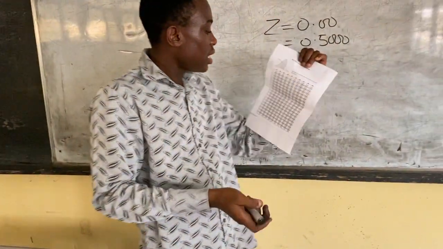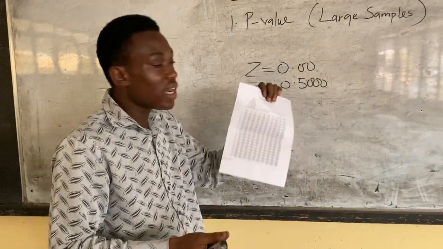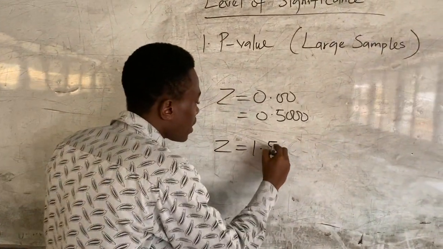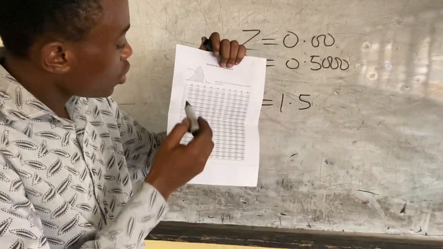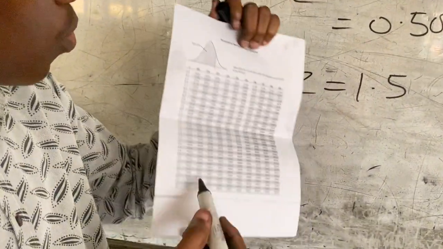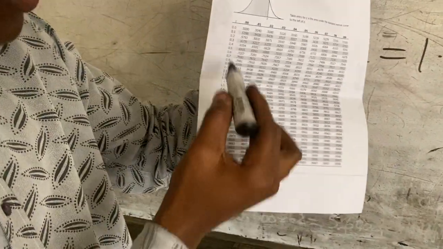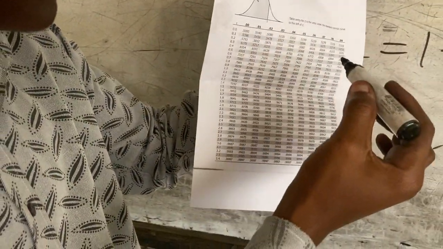So the area of any z-value is your p-value or your probability value. So let's say if your z equals 1.5, then you take 1.5 on the vertical side and then 0 on the horizontal side.